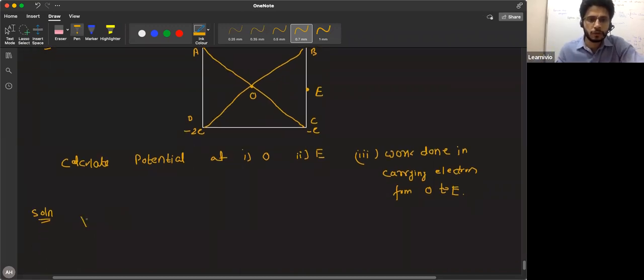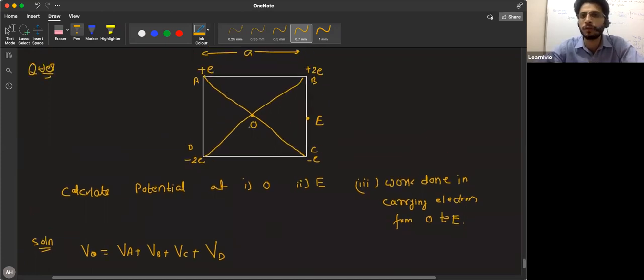Potential at O is the sum of potential due to each of the individual charges: VA, VB, VC, VD. This is how we calculate potential.